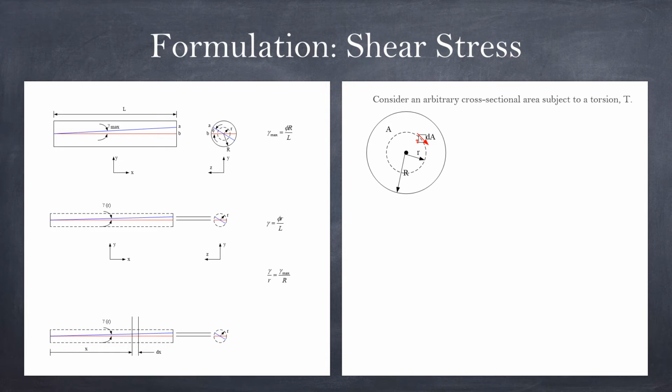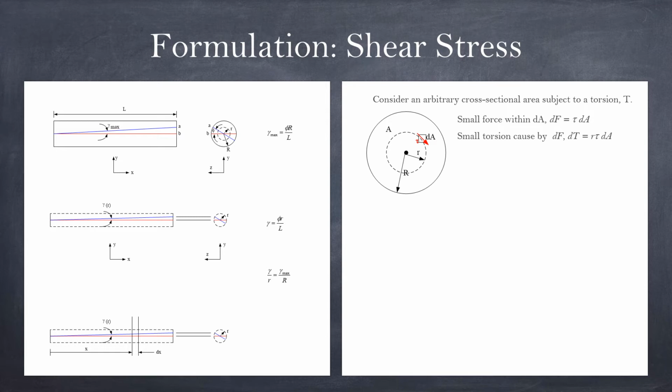If we designate a smaller area, dA, at any radius, little r, then on that dA we have a shear stress caused by torsion. If we want to work out the total force, it will equal tau dA. Because torsion is a moment, not a force, we need a moment expression.